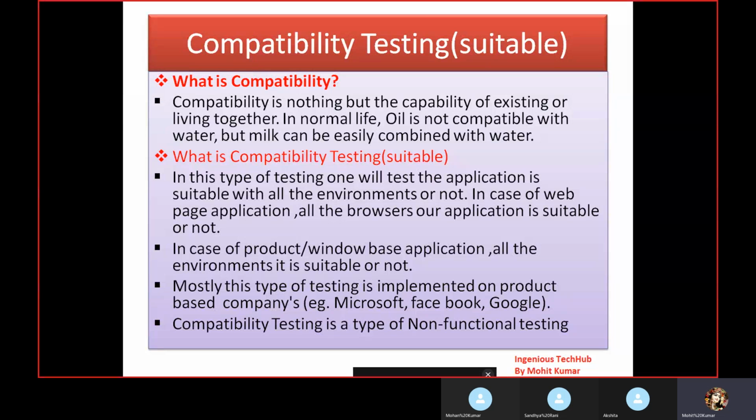They will test whether our application works properly with hardware compatibility and software compatibility. Some also use Linux or Unix, so they use different operating systems. We will test end to end whether it works properly or not. Facebook or any big brand company can be used anywhere, on any device and any platform, so we have to test all of this in compatibility testing.